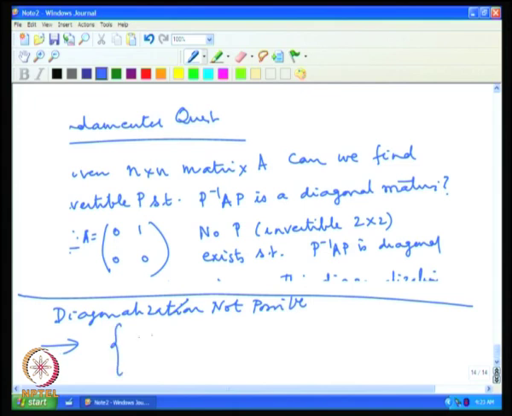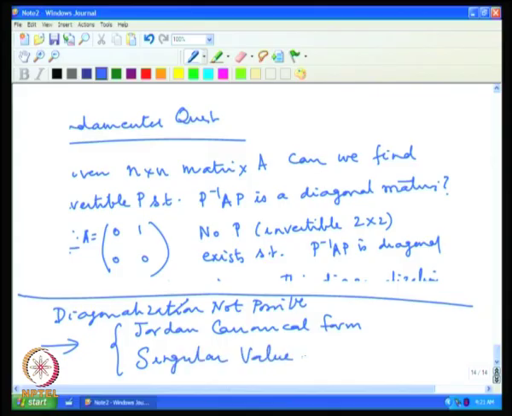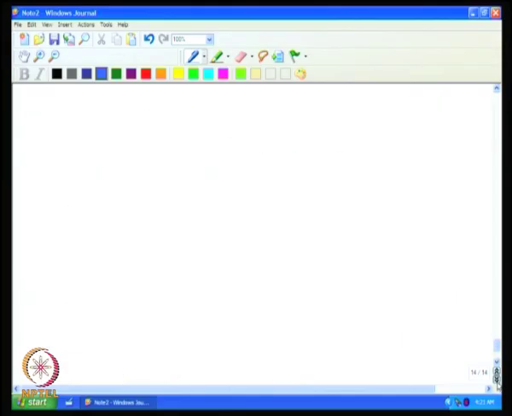One is the so-called Jordan canonical form, and the other, which is very useful in applications, is called the singular value decomposition. Both of these are very important.